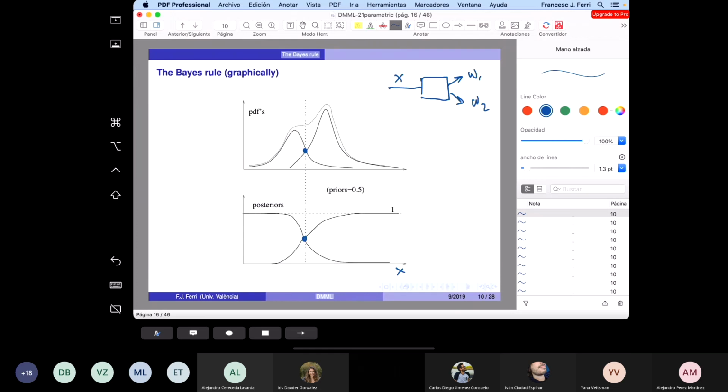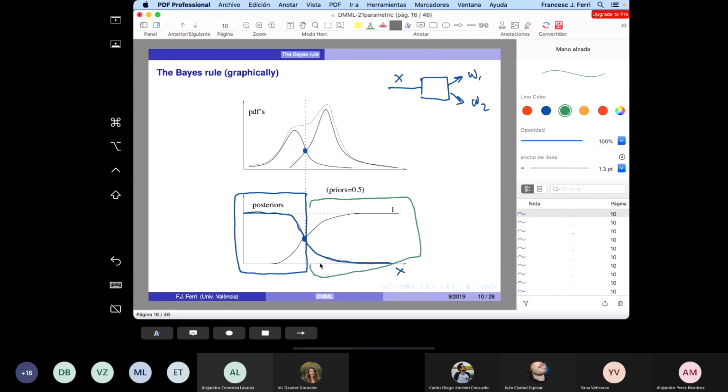Graphically, if this is the posterior for class 1, this is the region of the space where the classifier answers class 1, and this is the region where the classifier answers class 2.